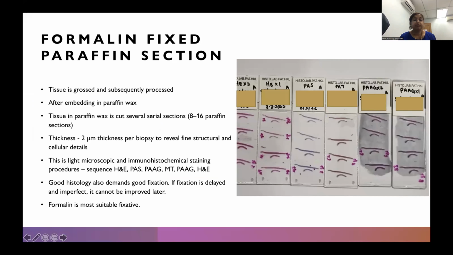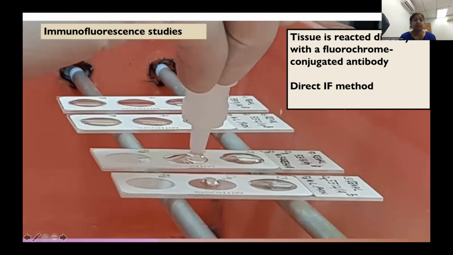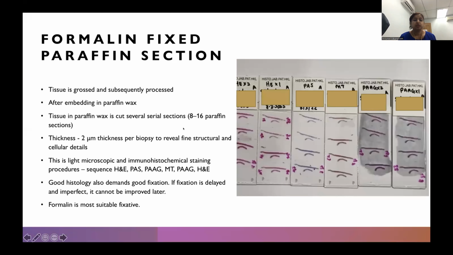the tissue in paraffin wax is cut into several serial sections. So we get at least about 8 to 16 paraffin sections. Different centers have different styles of doing it. Now, why do we do this? Why do we do so many special stains and so many levels? The reason is mainly because we don't want to miss a lesion. The tissue is quite thick, and we may miss certain important and crucial findings.